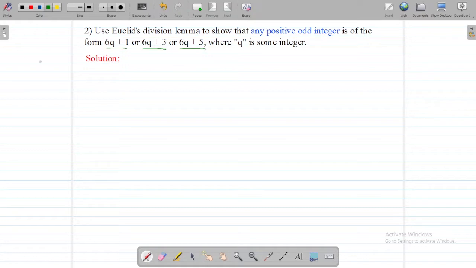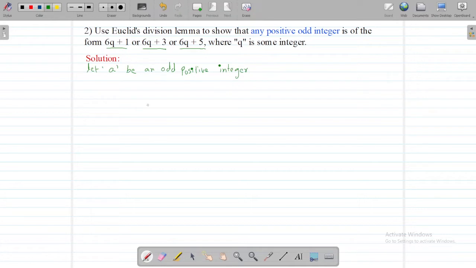First of all, we will take let a be an odd positive integer.